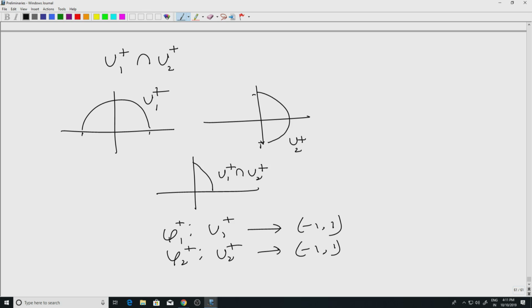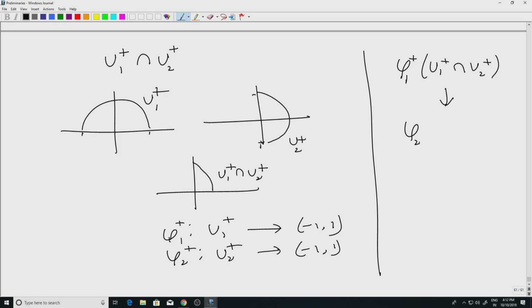Now recall that the transition function was defined from phi1 plus of u1 plus intersection u2 plus to phi2 plus of the same thing.